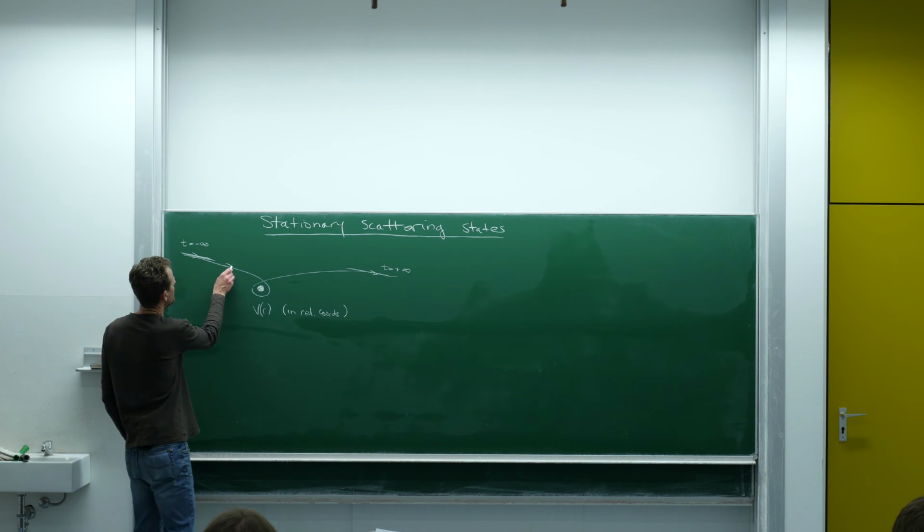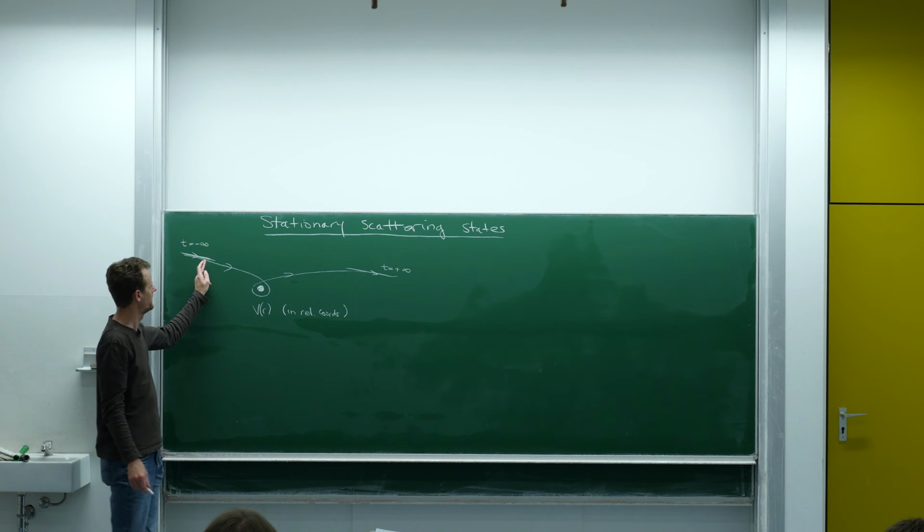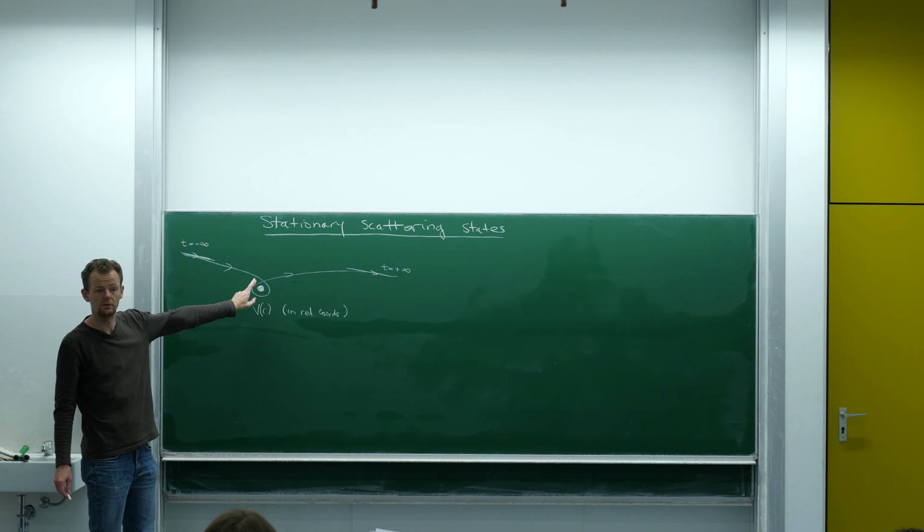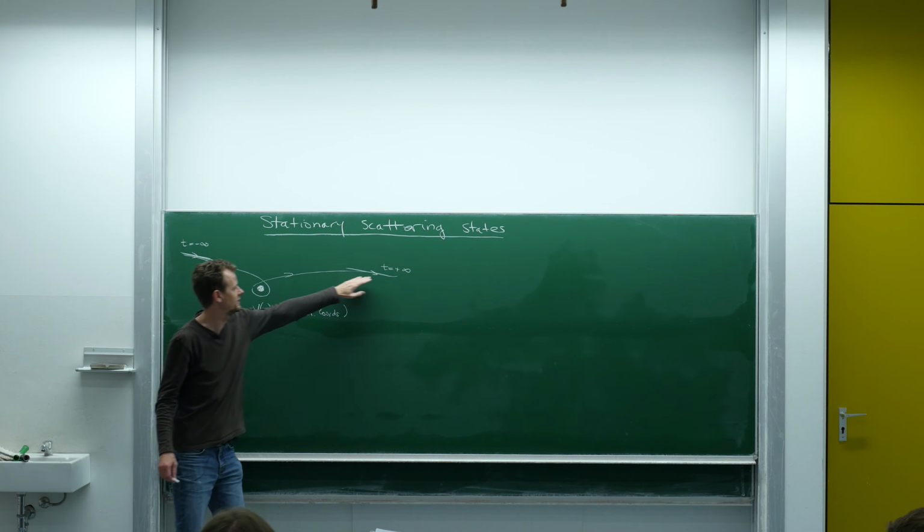The orbit of the particle is deviated according to its response to the central potential, and it flies off at t plus infinity.